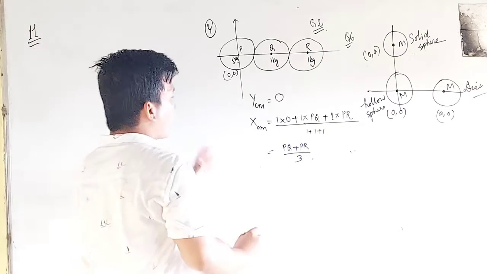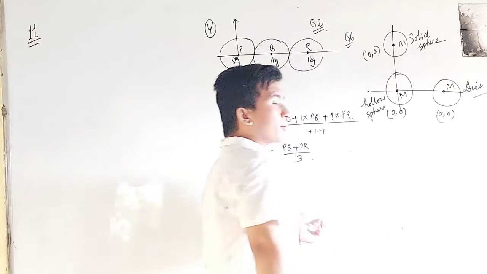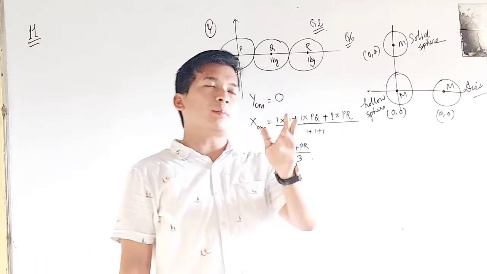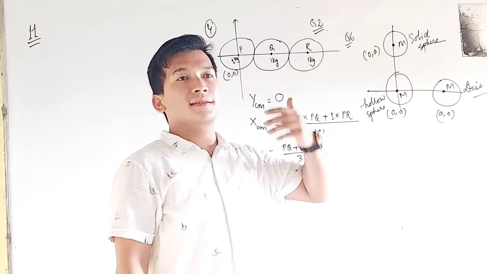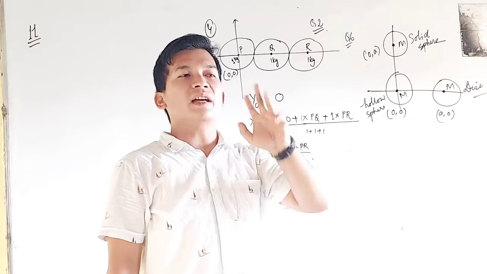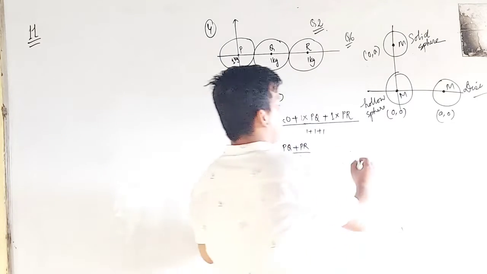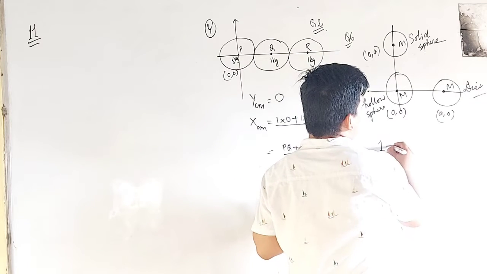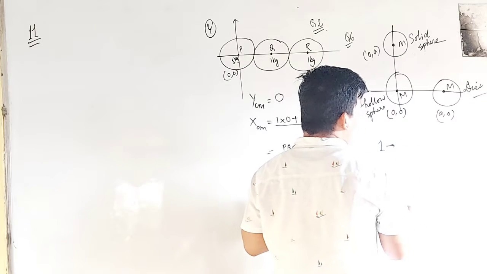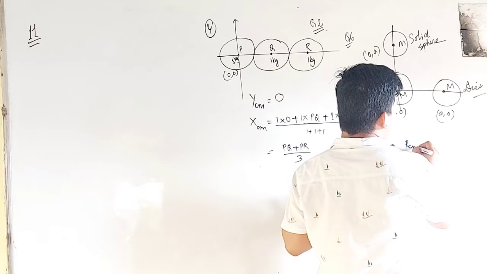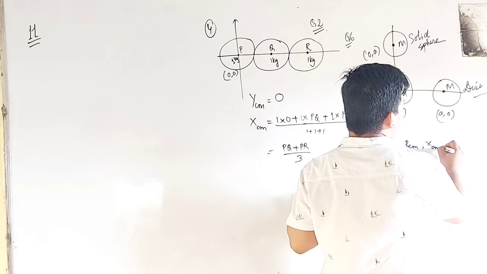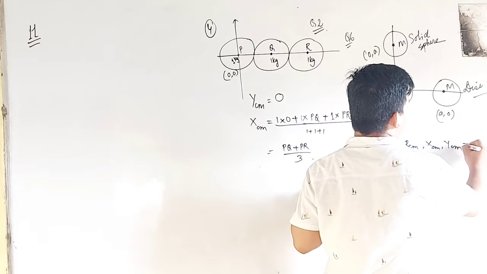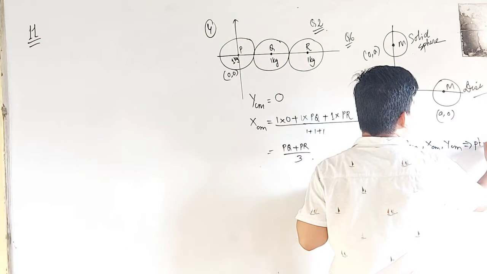This is the first type of question. We are going to discuss 4 different types of question from this center of mass. Number 1 is the first type of question, based on your rcm, xcm, ycm, that is with respect to point masses.